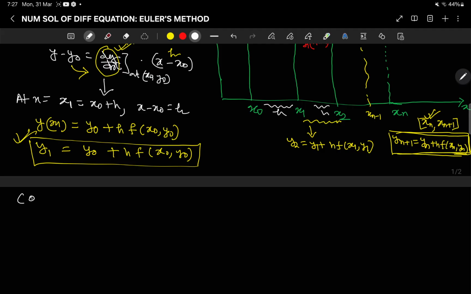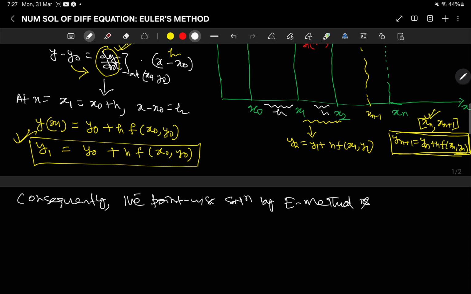So consequently the pointwise solution by Euler's method is the sequence of yn, isn't it?